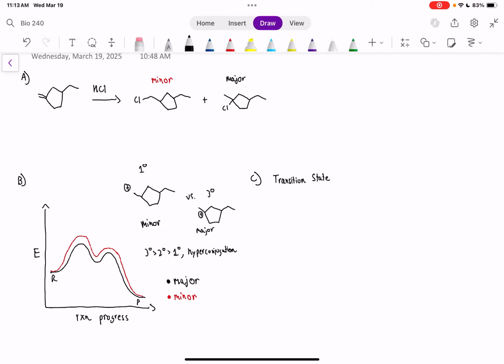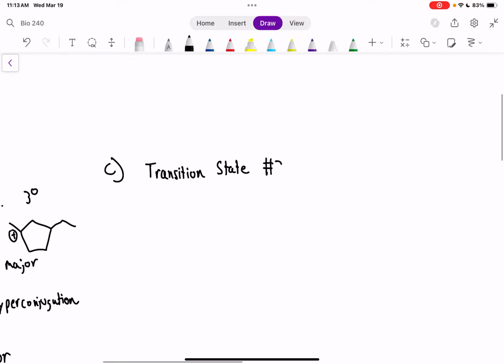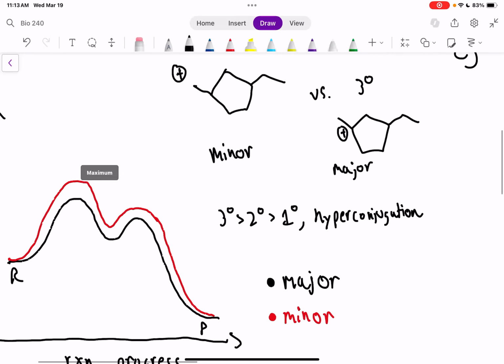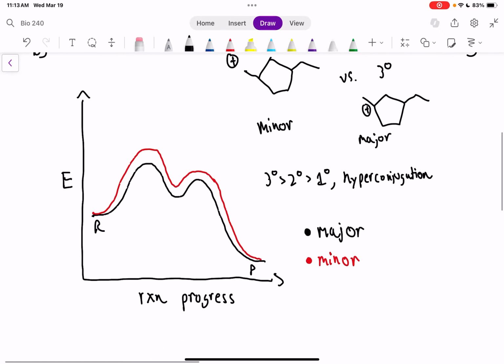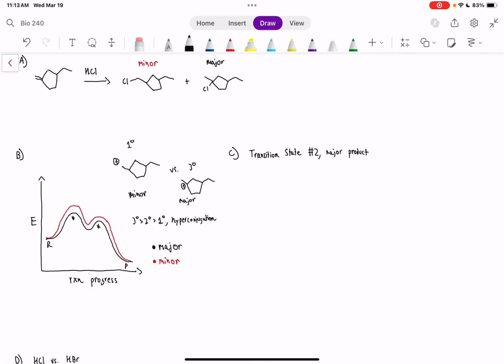Now, for C, we asked for the transition state number 2 of the major product. So there are 2 transition states. The transition states, if you remember, are these 2 humps right here. The highest energy points in the reaction. This is where bonds are half formed and half broken.